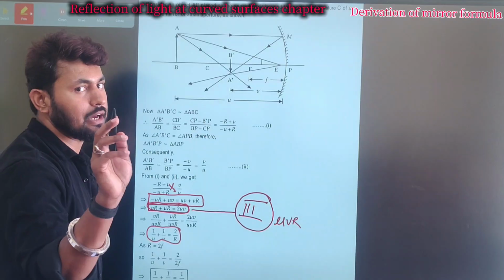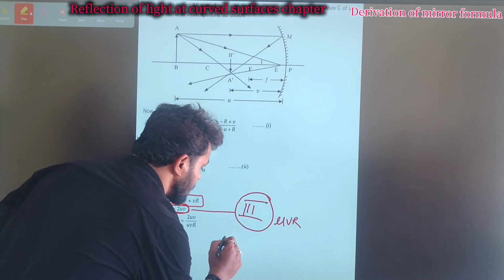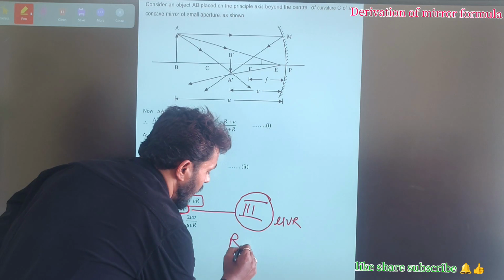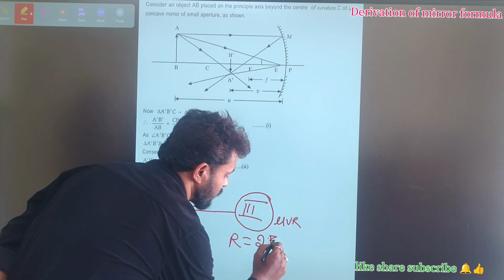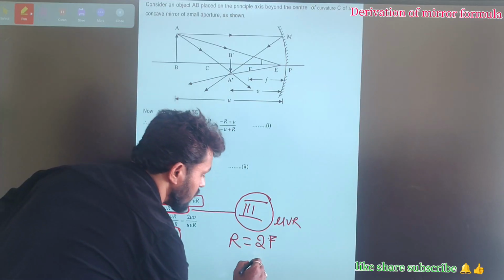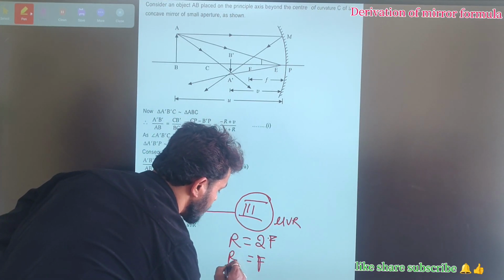And in the end, I have given you that the relationship between R and F is that R is equal to 2F. From here I'll get F is equal to R by 2.